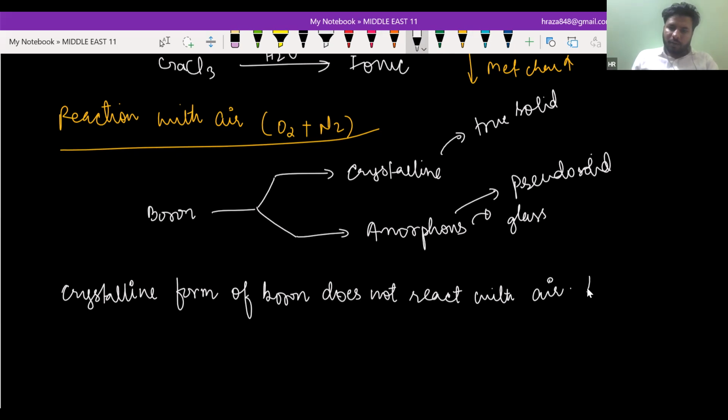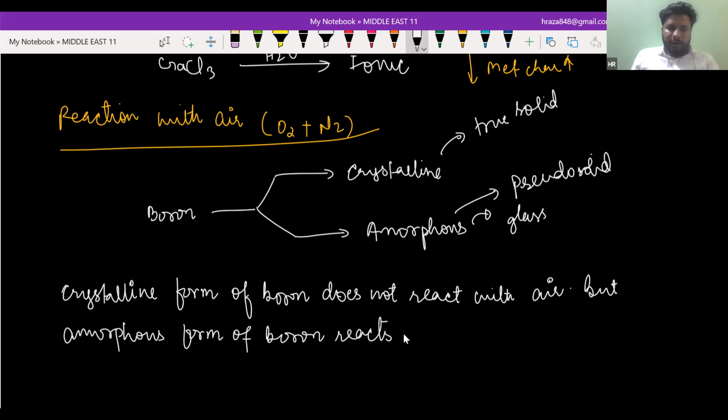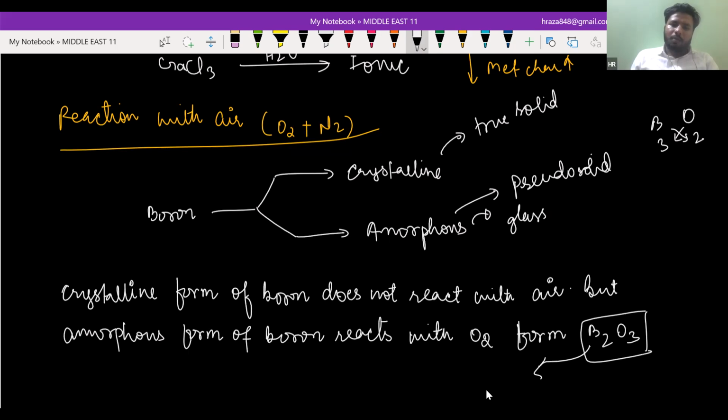But the amorphous form of boron reacts with O2 to form B2O3. You know that boron has 3 and oxygen has 2 valence electrons, so when we cross multiply, it forms B2O3, and this is known as boric anhydride. Is that clear? Yes, sir.